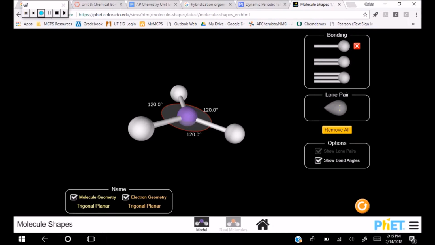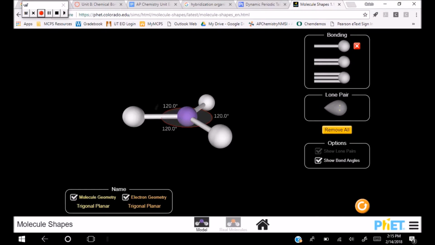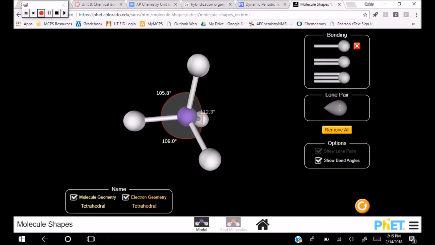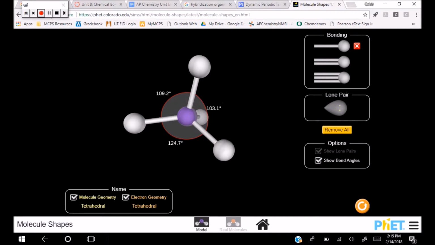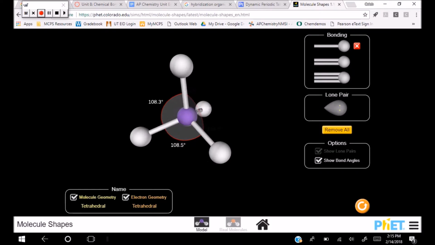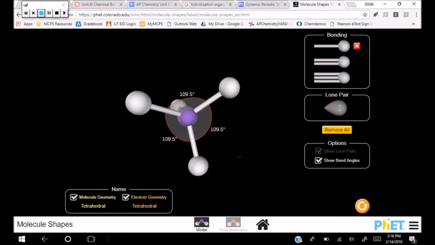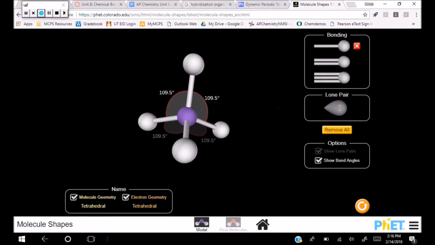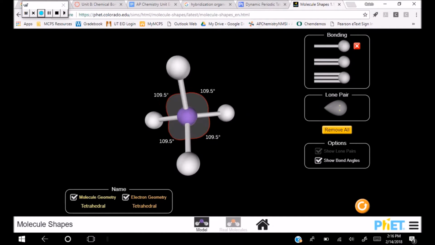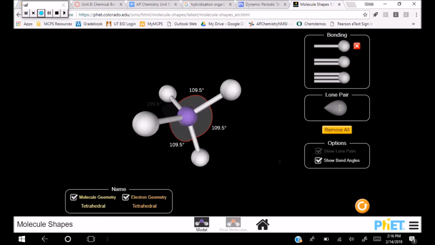However, that is not the furthest possible away all the atoms can be from each other, because we can now break into the 3rd plane, going in 3 dimensions. We have x and y, and now we'll break into our z plane, and we end up getting a molecule that looks like this. And this is referred to as tetrahedral geometry. All the angles, no matter how you spin it, are 109.5.